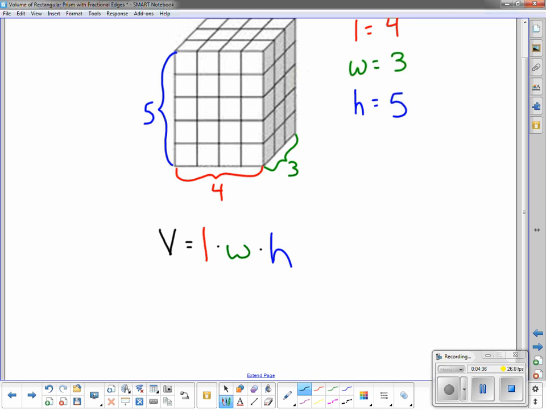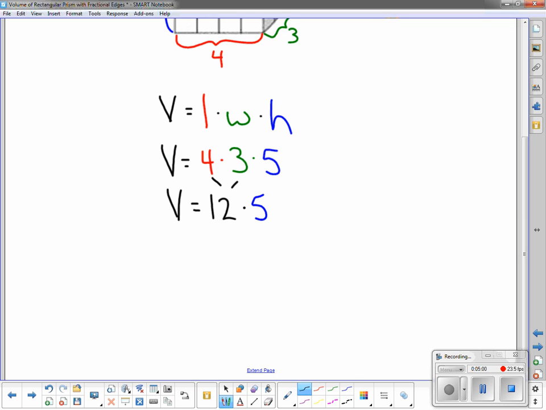So the volume will now equal 4 times 3 times 5. 4 times 3 is 12 times 5 is going to give me 60 cubic units. This is how we find volume.